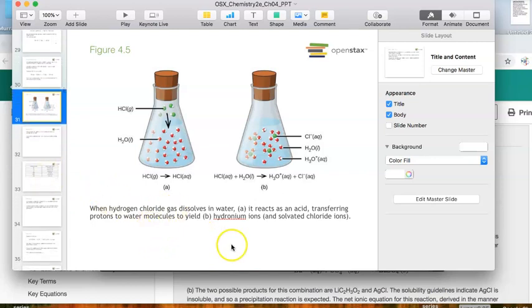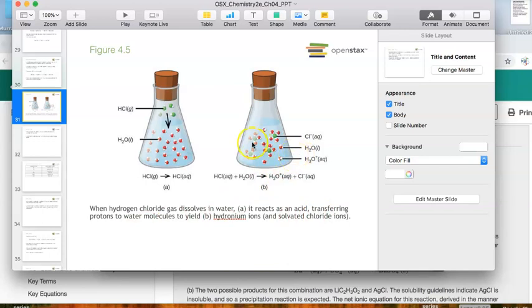Here we have two Erlenmeyer flasks, with hydrochloric acid gas and water molecules. The hydrochloric acid dissolves in the water to become aqueous hydrochloric acid. In the water it reacts as an acid, transferring protons to water molecules to yield hydronium ions.